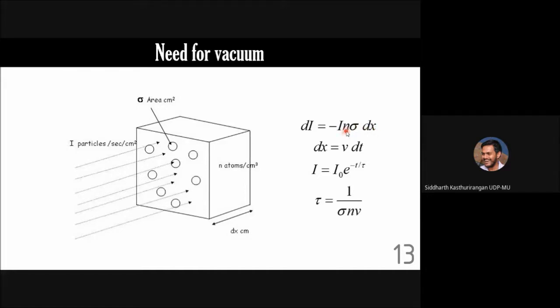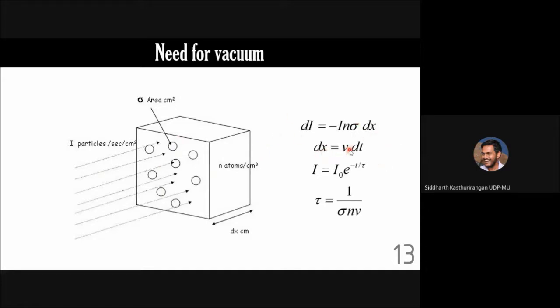This is fairly obvious from normal considerations. The n sigma dx is the volume of the region behind this particular atom. So any particle from the beam which was coming through that region will get stopped at some point and not go further. So this is straightforward.